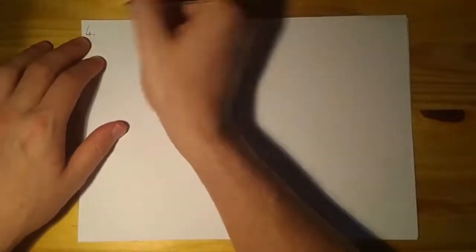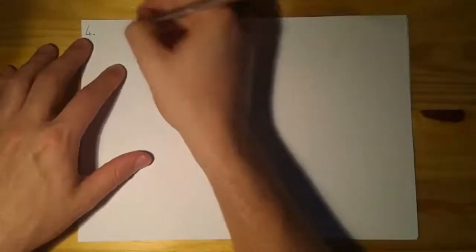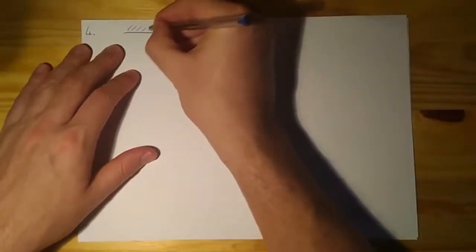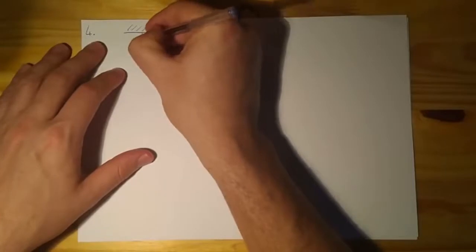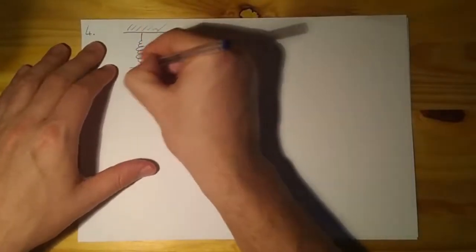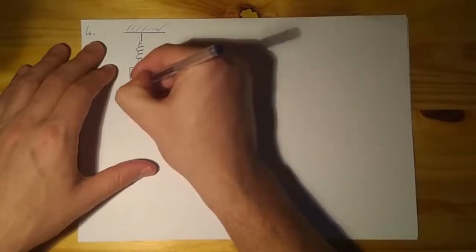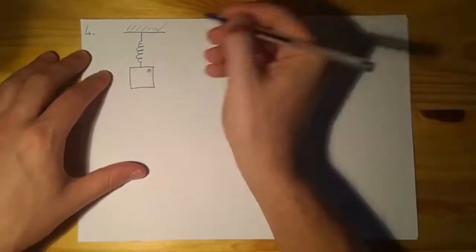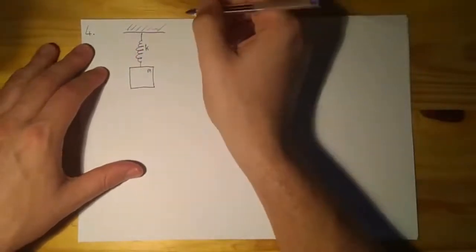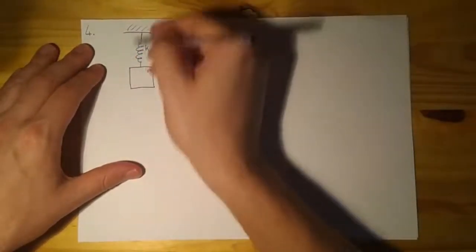Good. Okay, so we start by making a nice diagram. That's always where we start. So let's say that is my ceiling, and I've got my spring hanging down, and I've got my mass, and it's mass M, and its spring constant K, and I'm going to be interested in how this thing moves about.